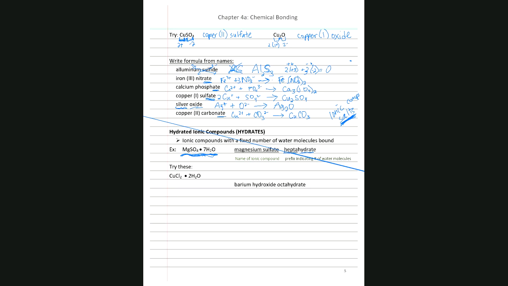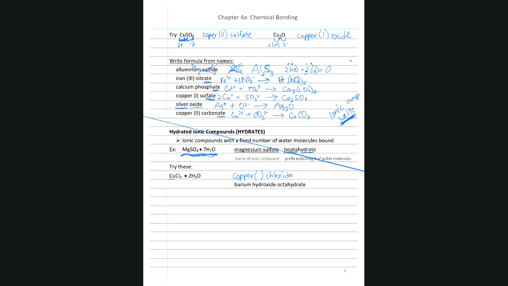Copper chloride. Copper is a transition metal though. So it's copper chloride, but because copper is a transition metal, I know I need to have a Roman numeral there. So I need to figure out which Roman numeral to put.